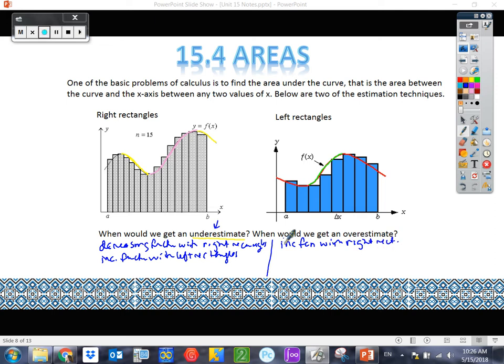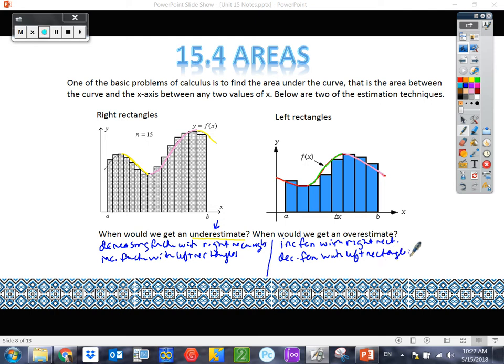And another situation, let's look on the left rectangles and see where we can find that. Here, if we see right here, this function is decreasing and we have some extra area right here. So if we are using a left rectangle, we have a decreasing function with a left rectangle.